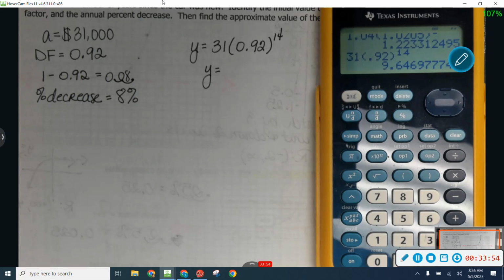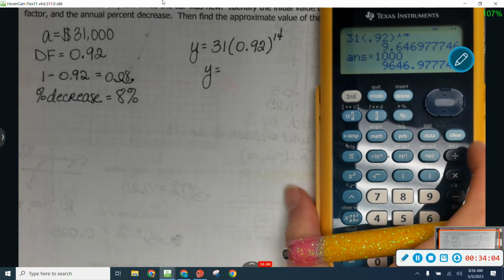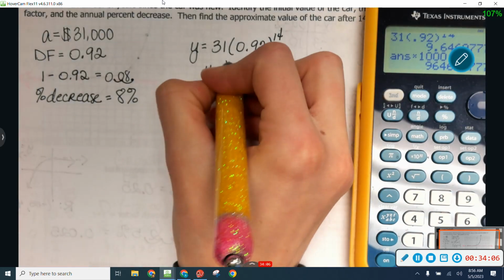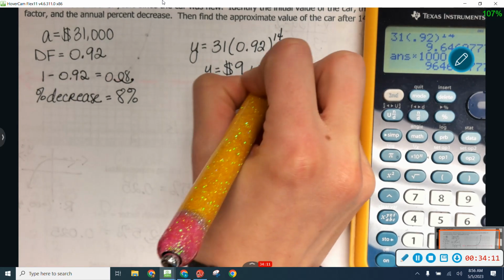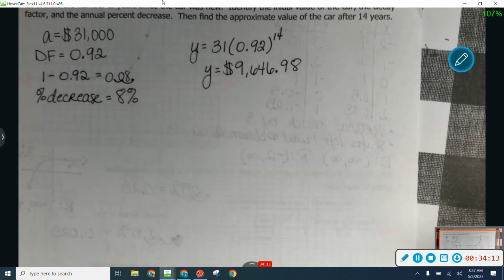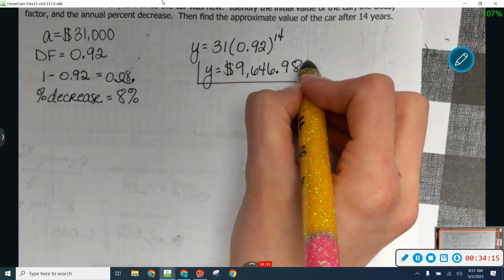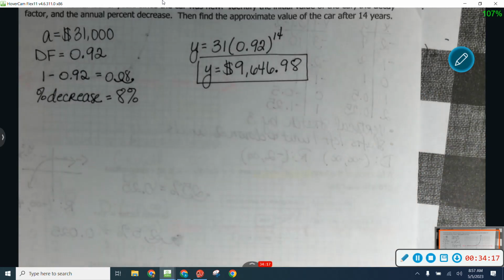But remember, you have to think realistically. My car is not $9.65. It's in thousands of dollars, right? Multiply that by 1,000. It's $9,646.98 after 14 years.